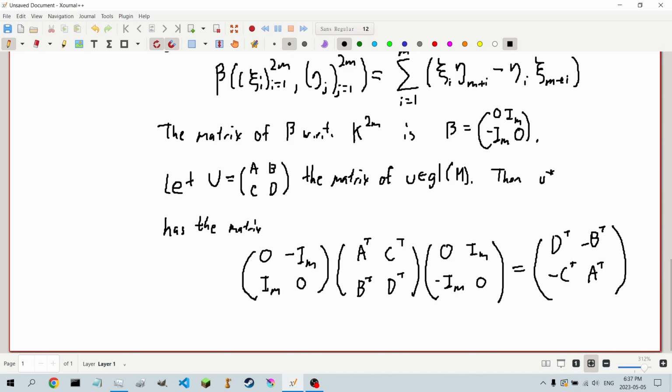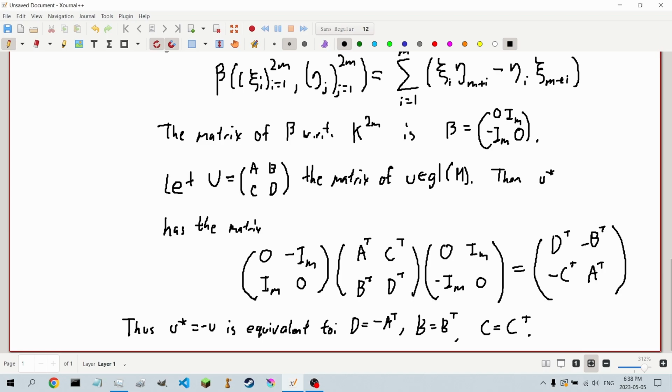So thus, having this u star equals negative u is equivalent to the set of conditions that D is the negative transpose of A, and B and C are their own transposes. They're symmetric, I believe, is the term.